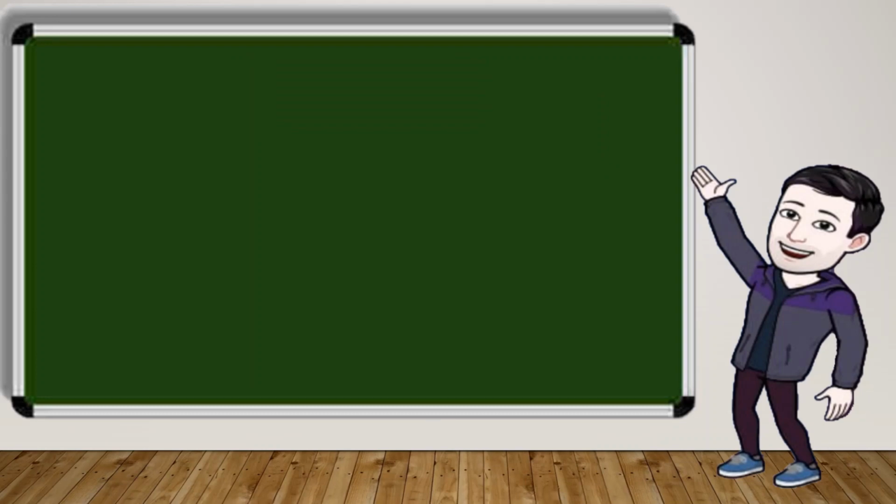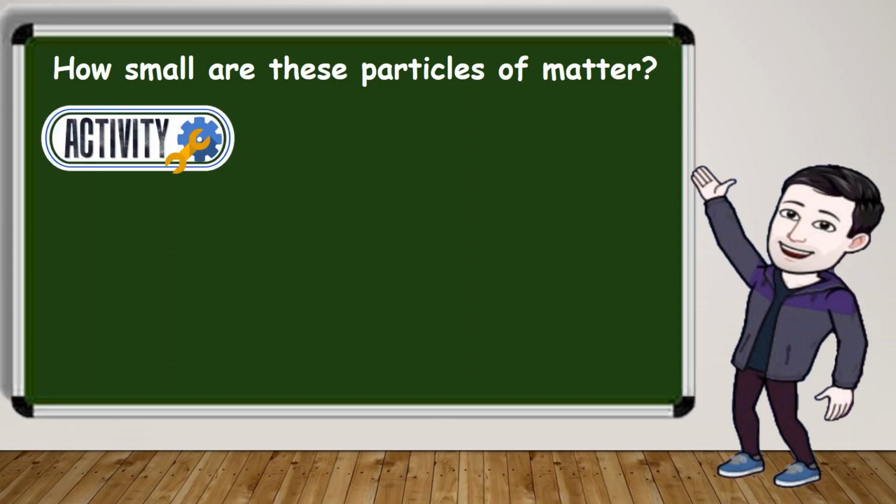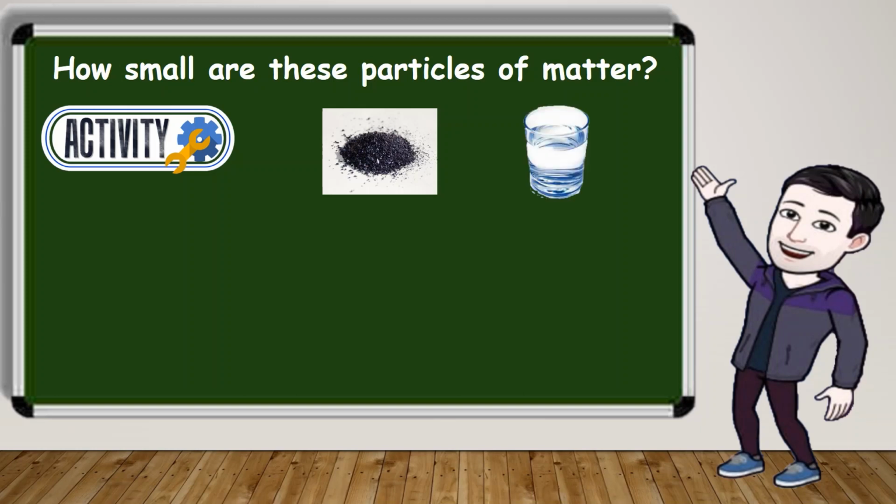Here arises another question. How small are these particles of matter? This question can be answered by performing an activity, in which we will require 2 to 3 crystals of potassium permanganate salt, which we need to dissolve in 100 ml of water.